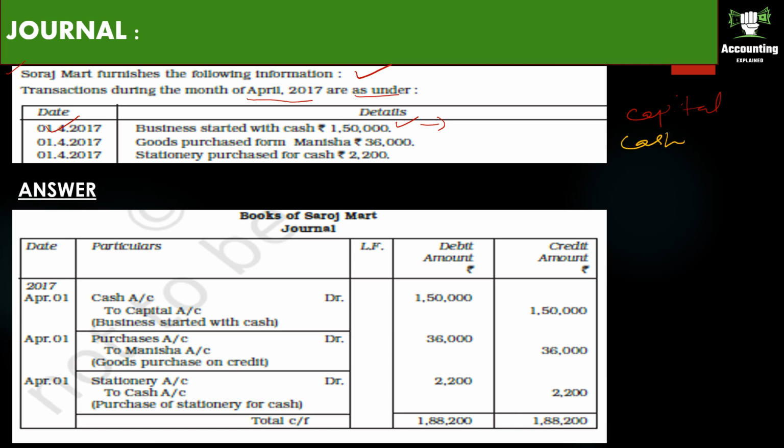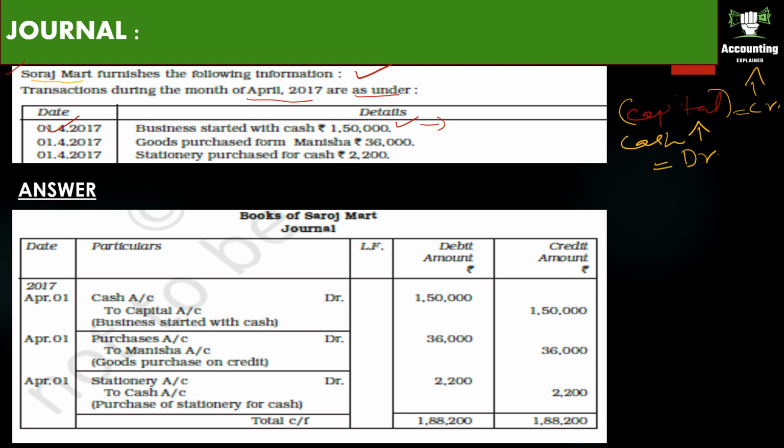When you bring in cash, your assets will increase. When the assets increase, what do you have to do? Debit. Capital is a liability. So now your liability increases. What do you have to do? Credit. Now we are going to write the journal entry in the books of Saroj Mart.